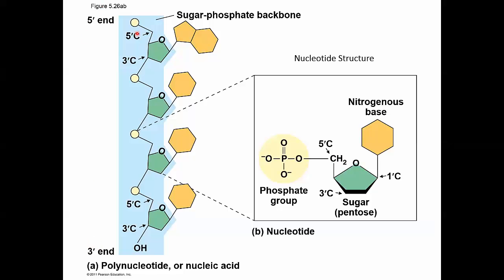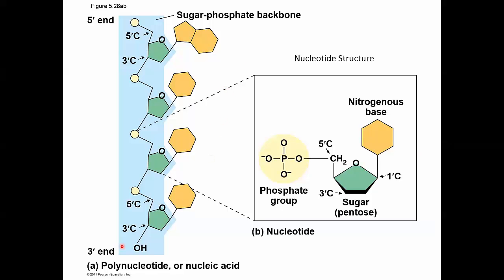Attached to the first carbon is a nitrogenous base, which can vary from molecule to molecule. Attached up here to the 5th carbon is the phosphate group. The phosphate group and the sugar make up the backbone of the DNA or the RNA, and the nitrogenous base sticks off to the side, as we see here.